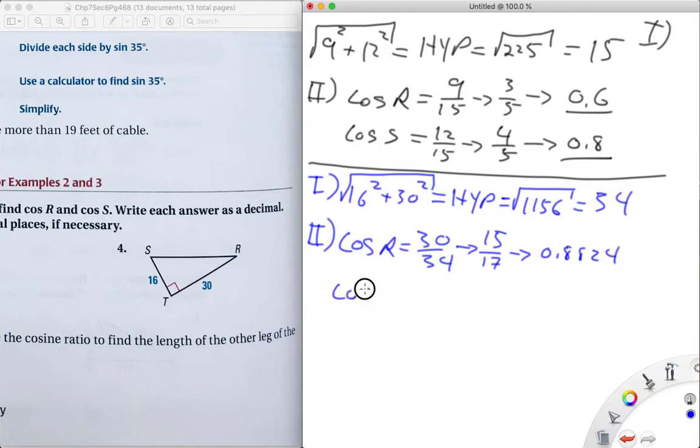And then cosine of S, which is 16 over 34, which is 8 over 17, is 0.4706.